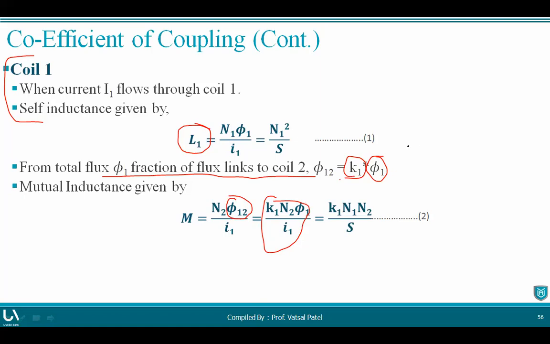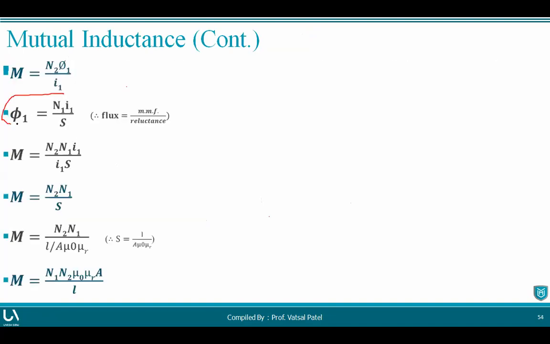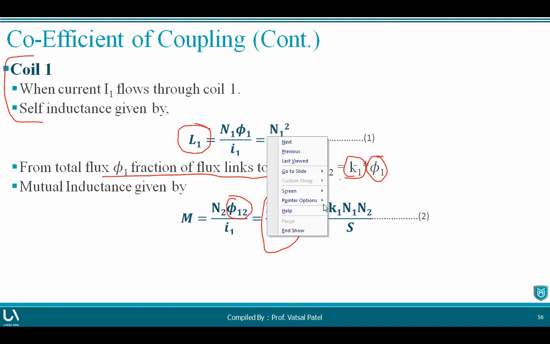Are you getting up to here? I just put the value of phi 1 here, because phi 1 is equal to N1 I1 by S of coil 1. After that the current I1 gets cancelled out from the numerator and denominator.